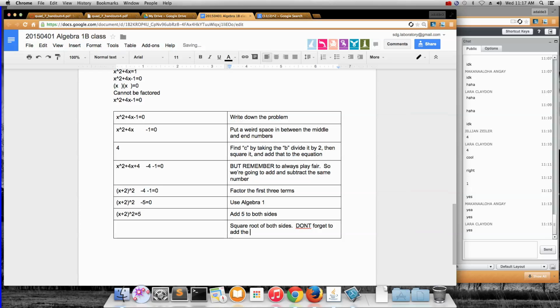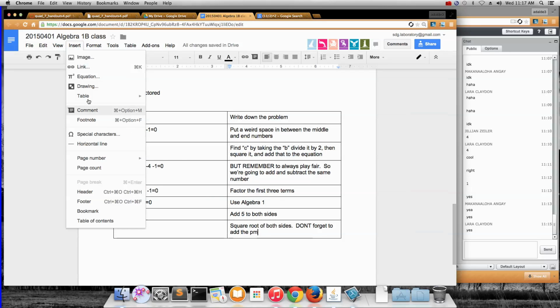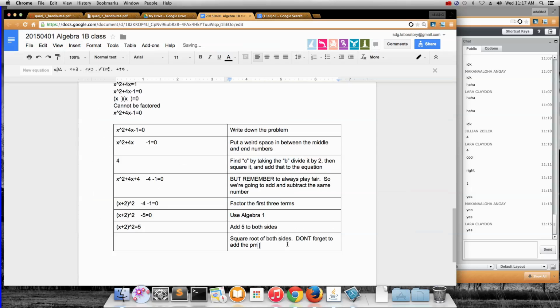Can I insert a math symbol? Sure, I can insert that thing. Don't forget that thing. Don't forget the plus or minus.